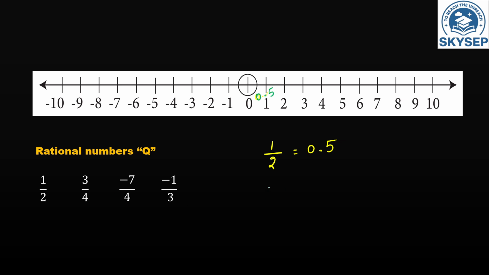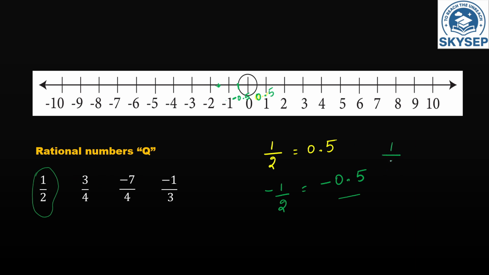Take another example like minus 1 by 2. So this will give minus 0.5. Where are you going to locate this minus 0.5? Here in the left side of the number system between 0 and minus 1. Minus 0.5. So, rational numbers are the numbers which are represented in the P by Q format.